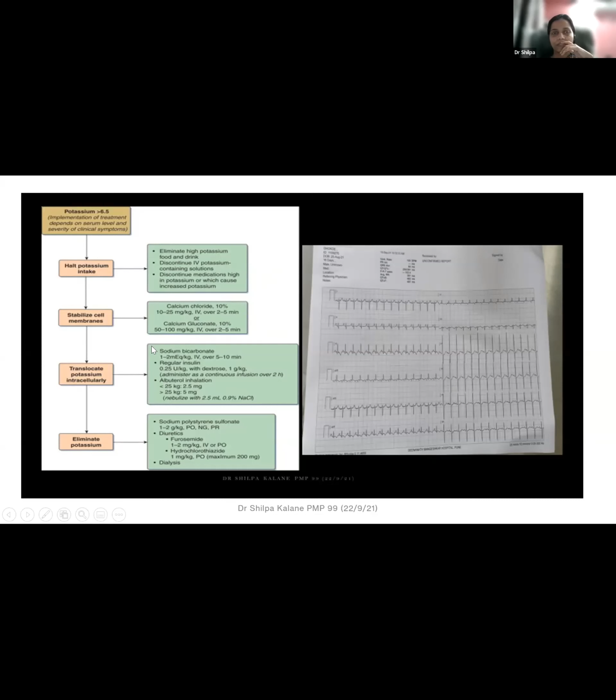Translocate potassium intracellularly. How can we do that? Sodium bicarbonate 1 to 2 mEq per kg over 5 to 10 minutes. You can start a GI drip. How do we prepare a GI drip? Anyone can write in the chat box. How do we prepare a glucose insulin infusion drip?